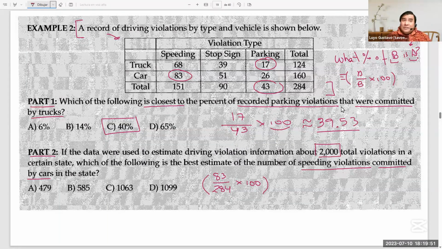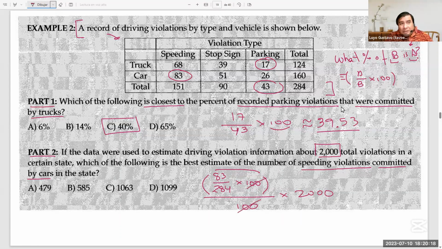And this would yield actually the number of violations, right? This is a percent, remember? So if we divide this by 100 and then multiply by 2,000, it yields the estimated number of speeding violations by car in the state.